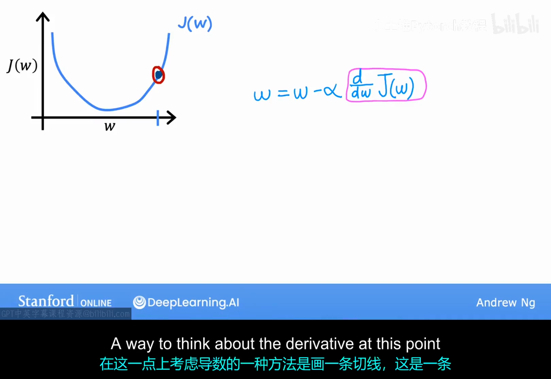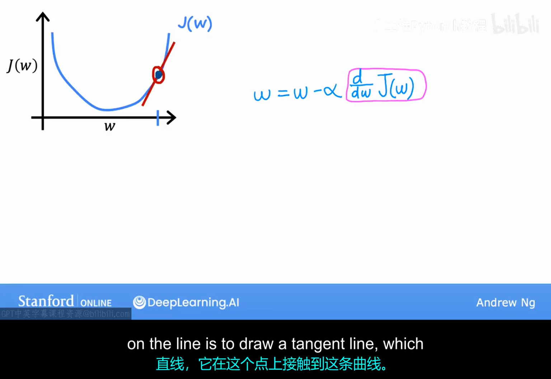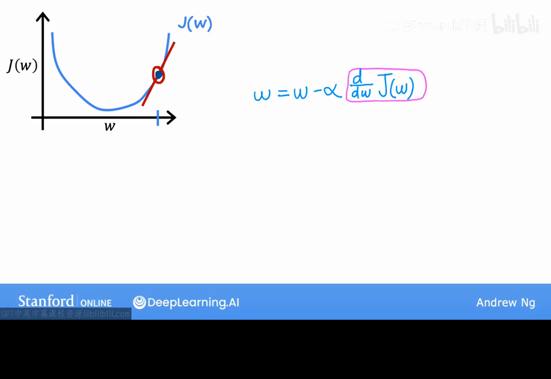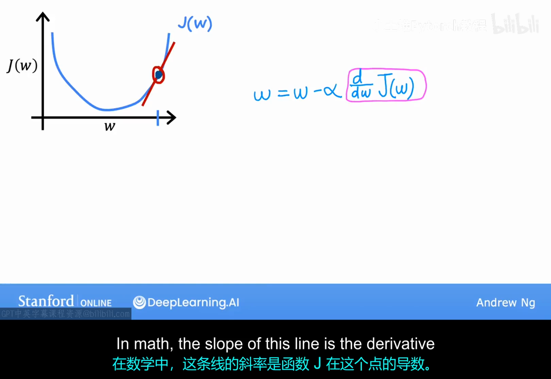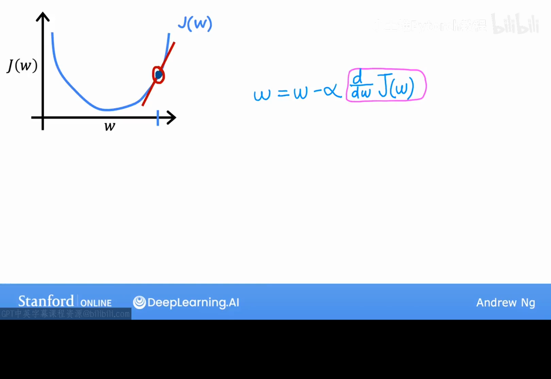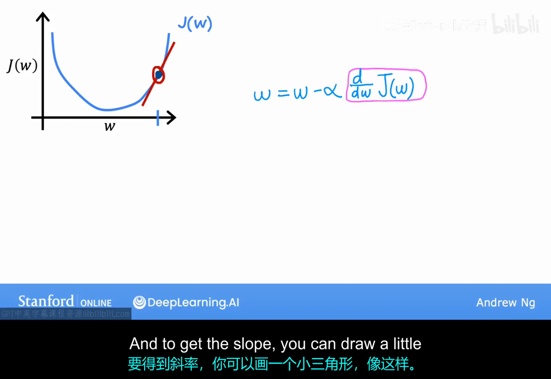A way to think about the derivative at this point on the line is to draw a tangent line, which is a straight line that touches this curve at that point. In math, the slope of this line is the derivative of the function J at this point. And to get the slope, you can draw a little triangle like this.